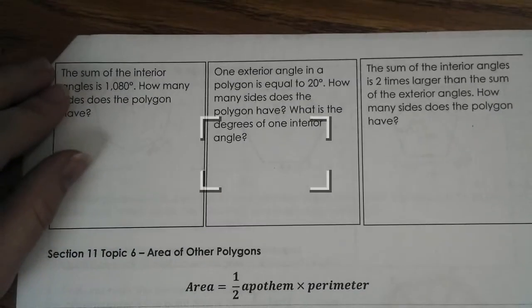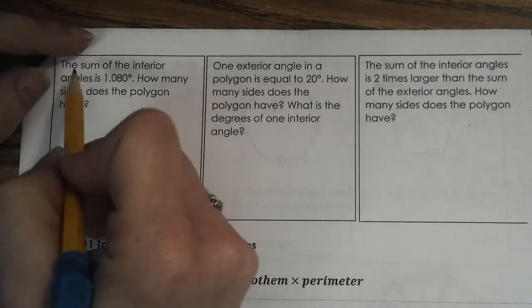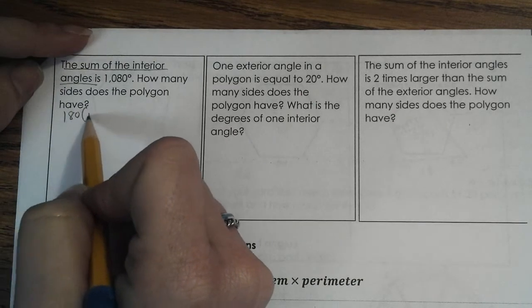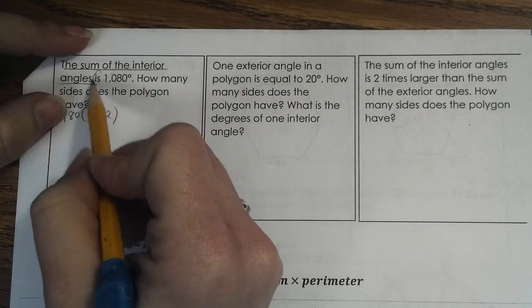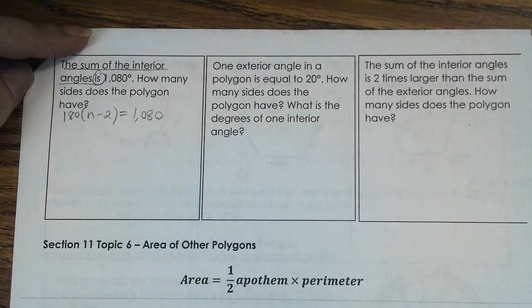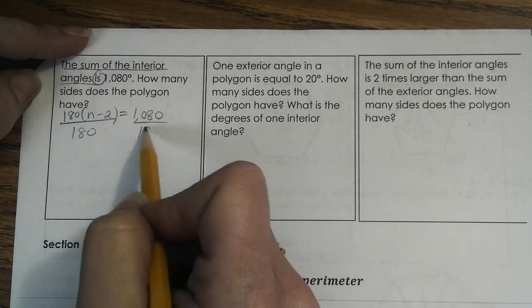Alright, a few more problems just to practice. The sum of the interior angles, once again, that's 180 times n minus 2, equals 1,080 degrees. Alright, so divide both sides by 180 because we want to solve for n.